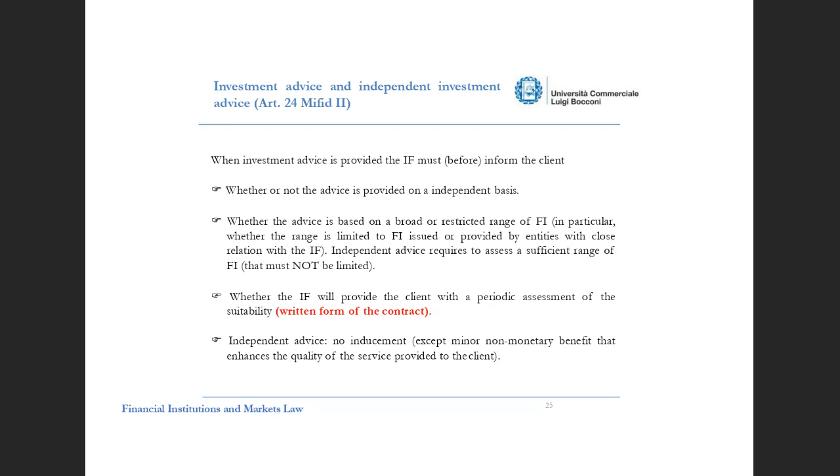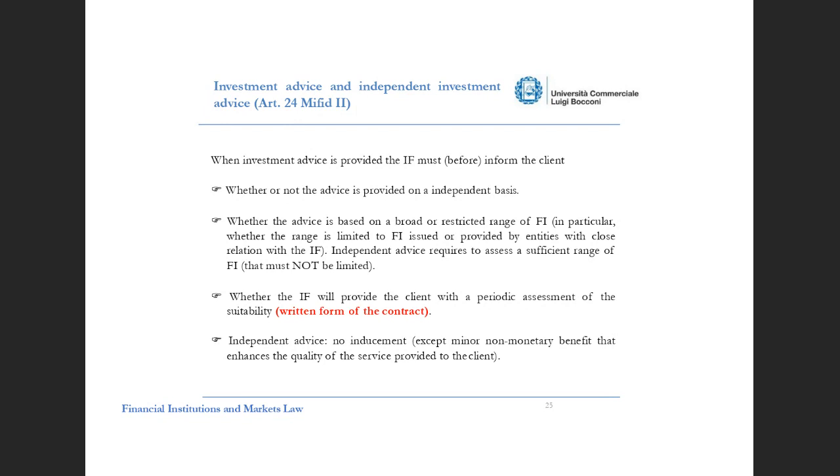Also, in the context of investment advice, the advisor must clarify whether the advice that he is providing is on a one-shot basis or whether it will turn out to be a periodic assessment of the suitability for the client. And this must be clarified, as you see in the slide, in the contract with the client.